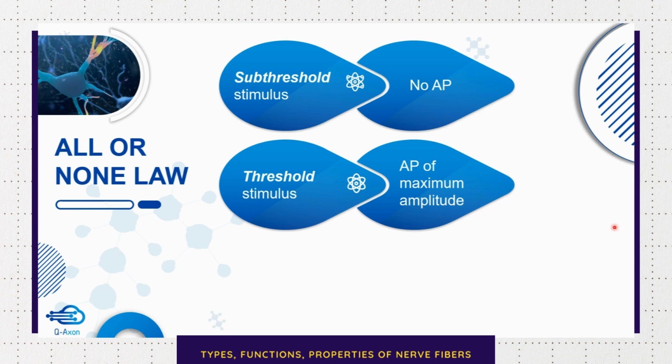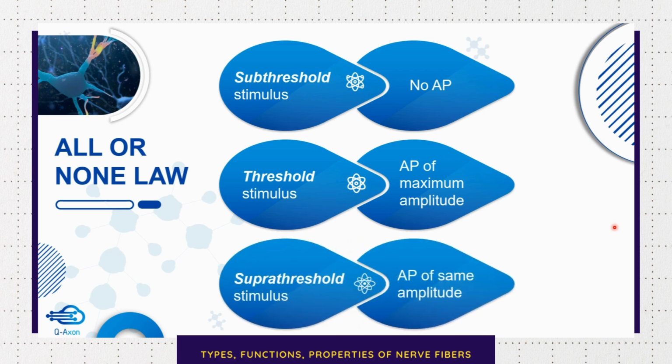Now you increase the strength of the stimulus further and apply a supra-threshold stimulus, you still get an action potential of the same amplitude as before, which is already maximum. So this means that you either have no action potential or you have action potential of maximum amplitude. There is nothing in between. So this is what the all or none law means.